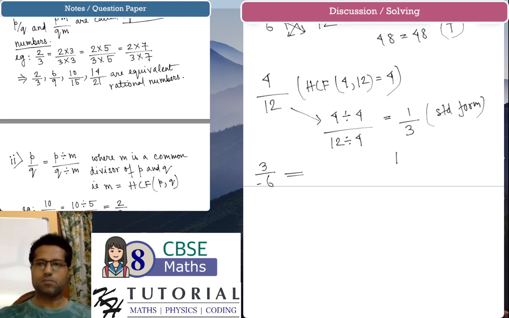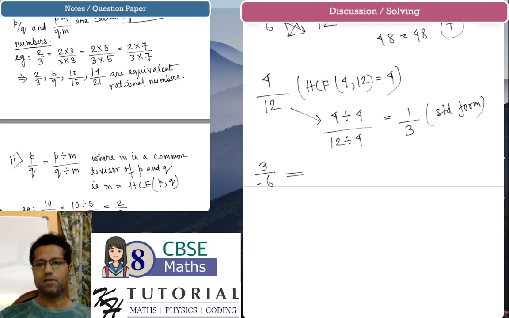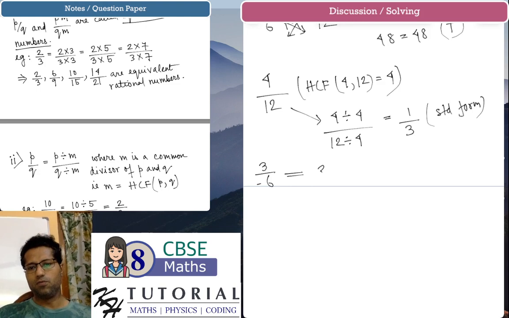Now, for this kind of rational number where the denominator is negative, we first have to make the denominator positive. So we multiply both the numerator and the denominator by minus 1.